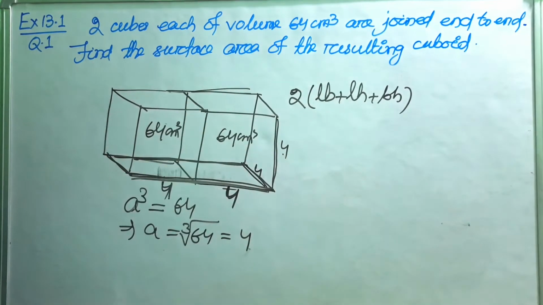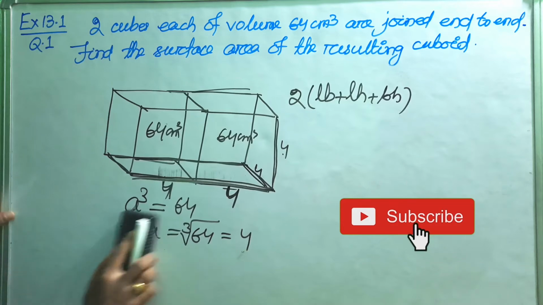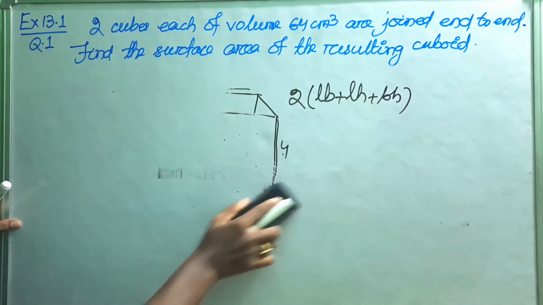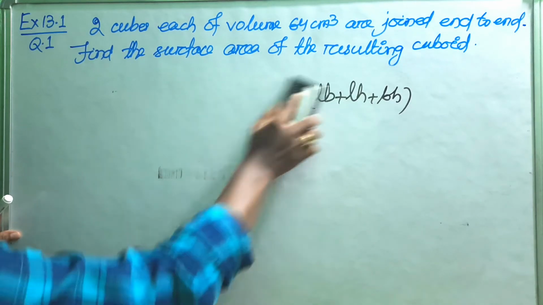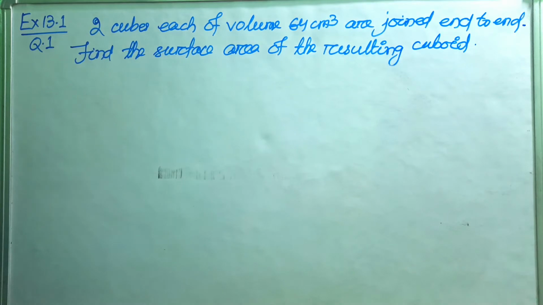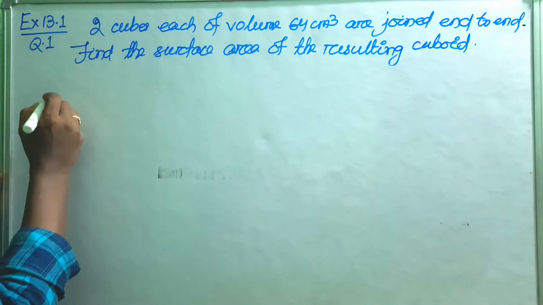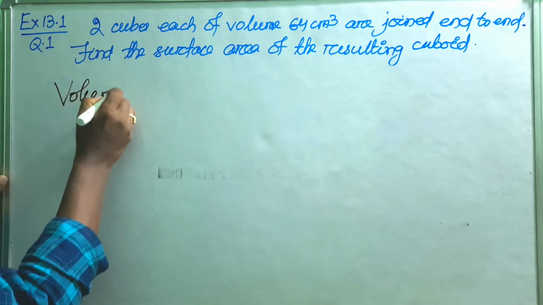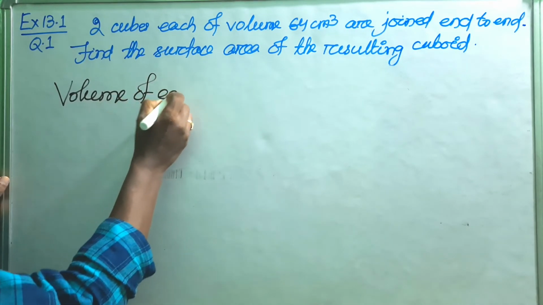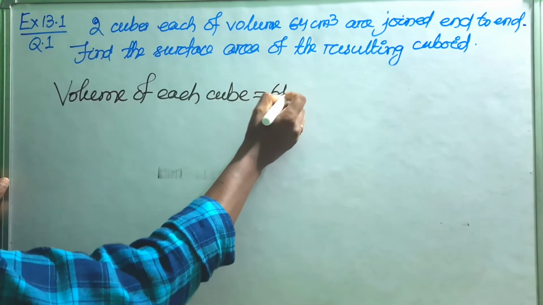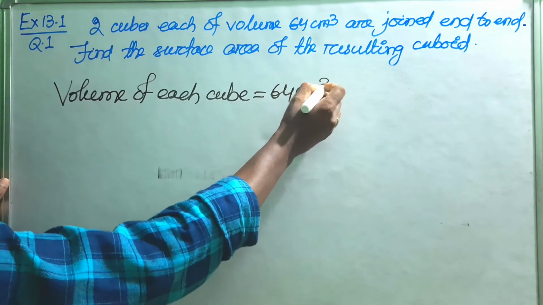Now let us write the answer. How will we write? Let us see. You write here: volume of each cube is 64 centimeter cube.